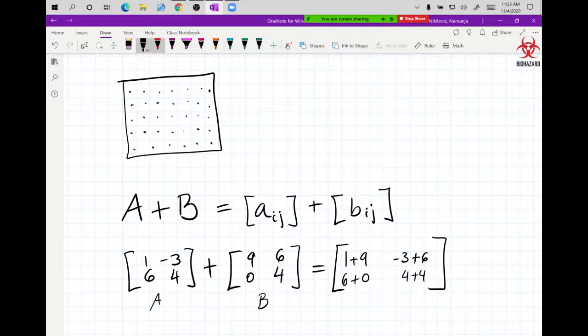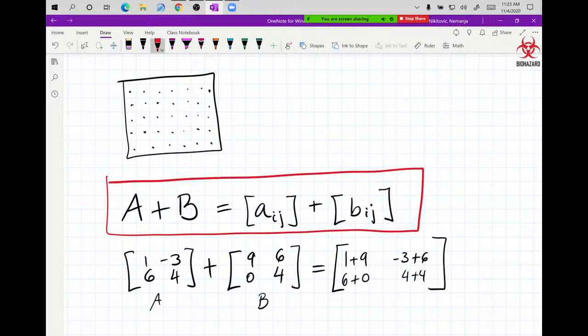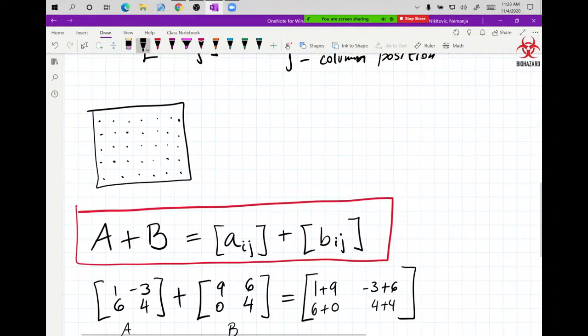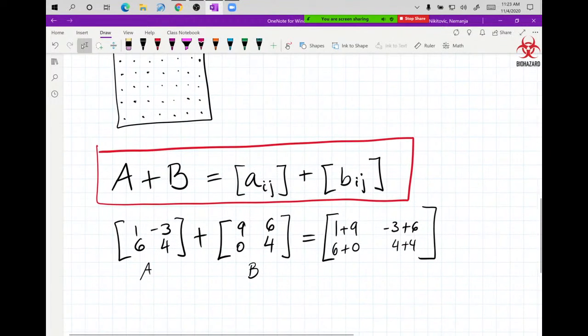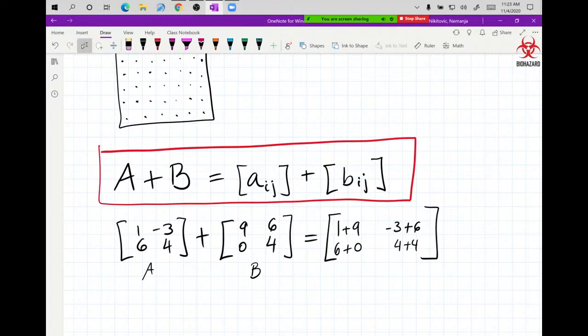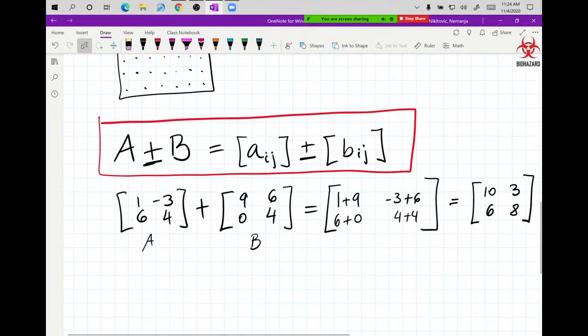So we add matrices term by term. Each location adds to its same location from the other matrix. Now this also works for subtraction, so I'm just adding that to the formula now. Oh, by the way, we did not finish this, so this is a 10, 3, 6, and 8, and that will be the result. Now if you have a subtraction matrix, you will do the same thing.